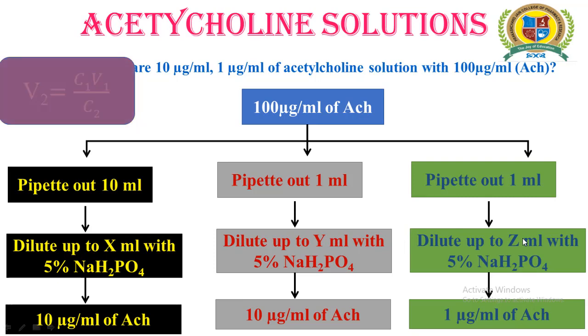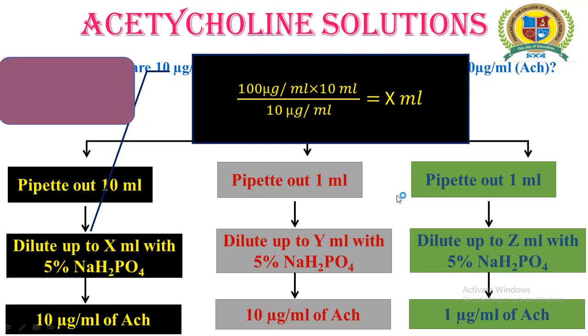In the very first case, let us find out the value of x. We have the initial concentration C1 as 100 microgram per ml, and V1 as 10 ml, because we pipette out 10 ml. C2, the final concentration we have to prepare, is 10 microgram per ml. So we will get V2, that is x ml.